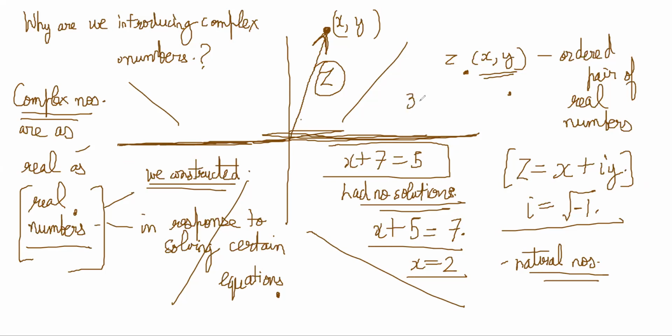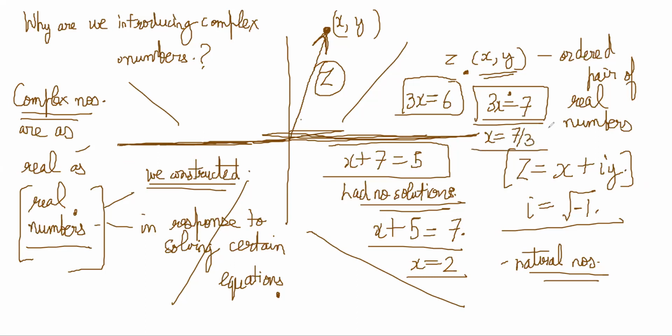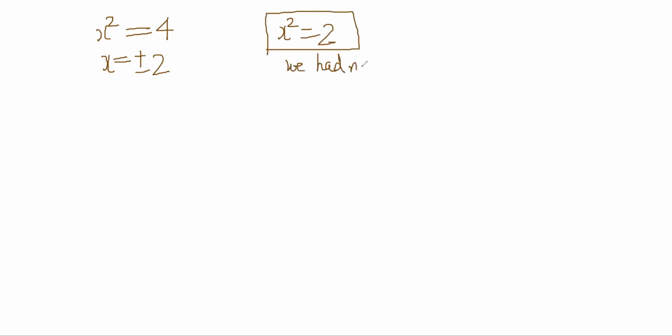Similarly, 3x is equal to 6 had solutions in integers, but 3x is equal to 7 had no solutions in integers. So we had to make up a new set of numbers called rational numbers. Similarly, we had solutions for x square is equal to 4 in integers, but x square is equal to 2 we had no solutions.